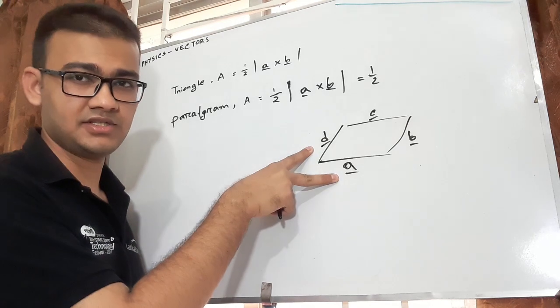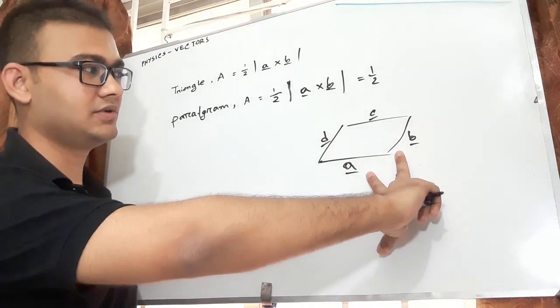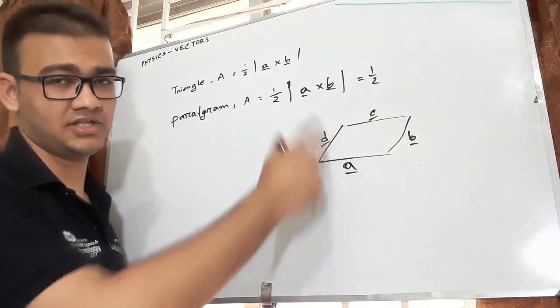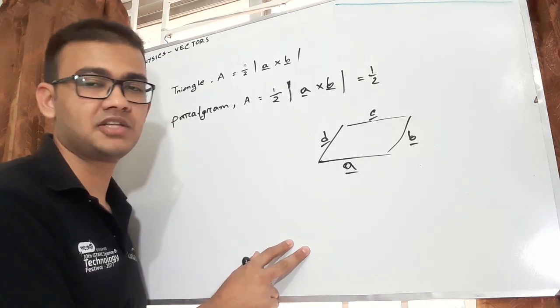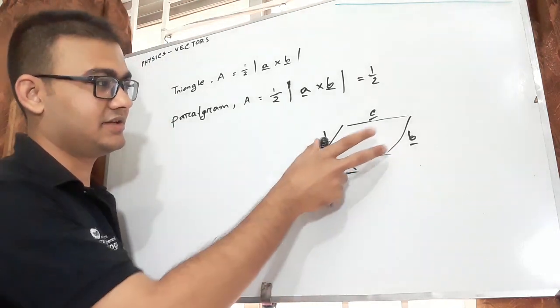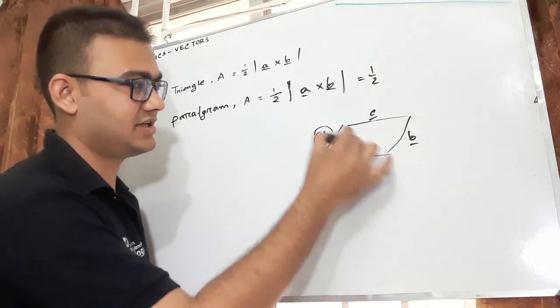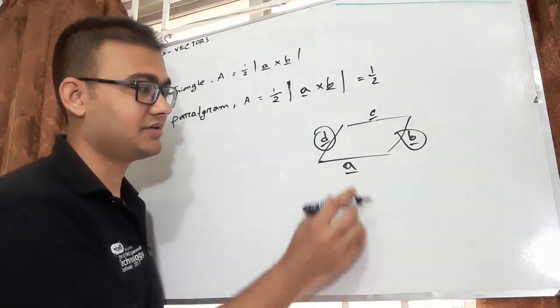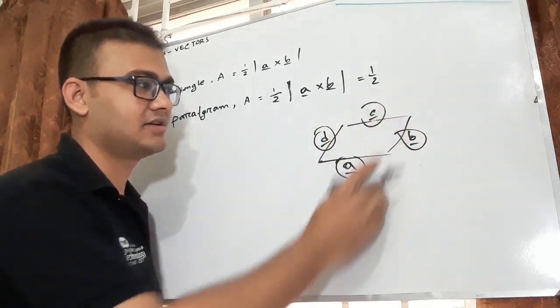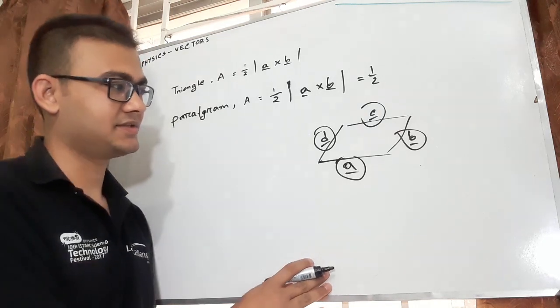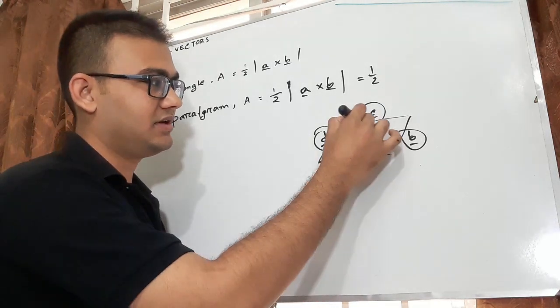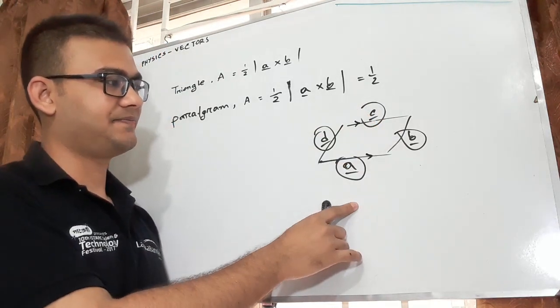So you can take these two, you can take these two, you can take these two, you can take these two, but you never can take the parallel lines together. Like you can't take B and D, you can't take A and C. Why? Look at this. When you are working with a parallelogram, you know the vector signs.